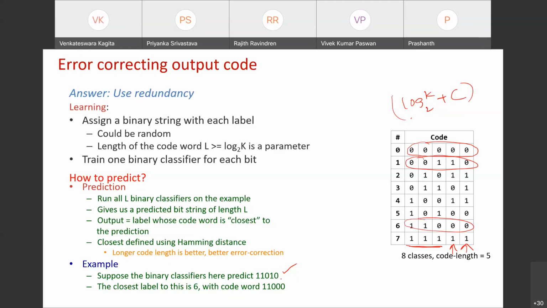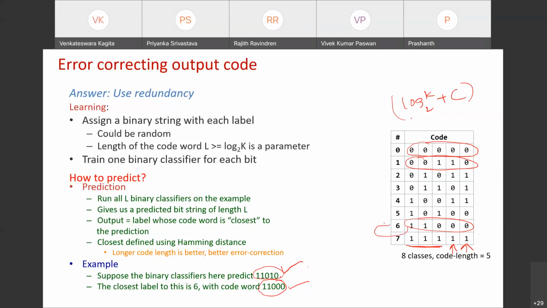So 11000 is closest to 11010. 11010 is our prediction, and among the encodings, 11000 is closest to this. So if you decode this 11000, what are you getting?